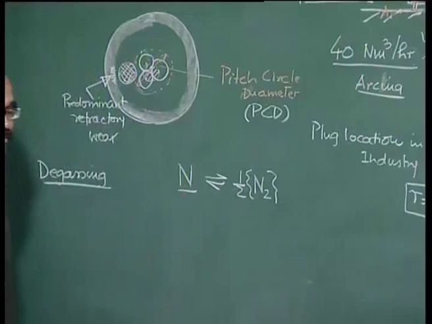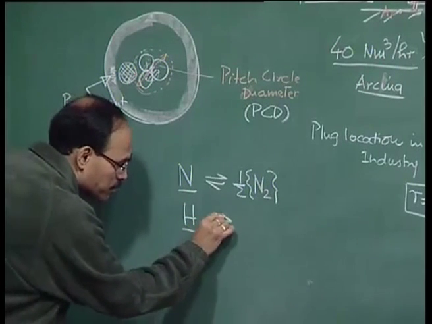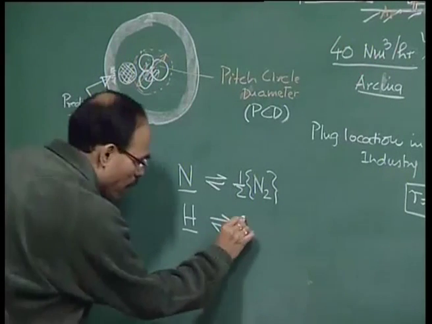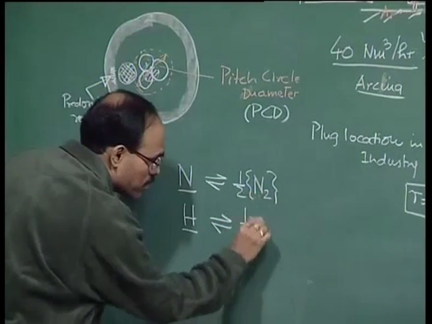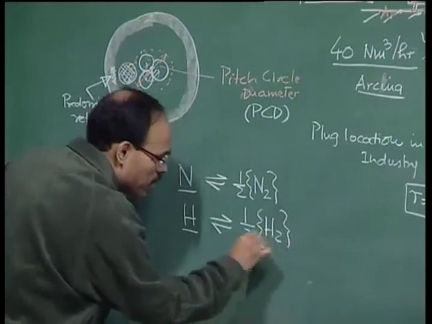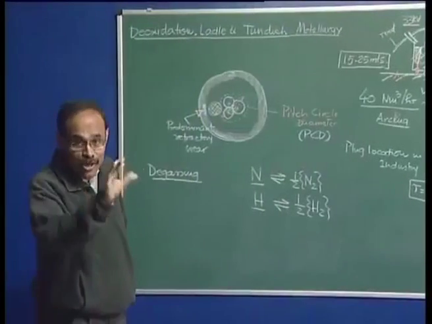Similarly, if you have hydrogen in the melt, then we have the equilibrium of this reaction, which is half of H2. Similarly, under vacuum, the carbon oxygen reaction can also shift.